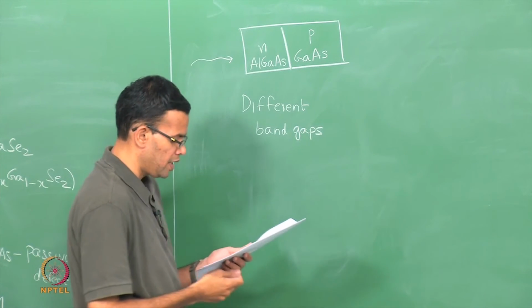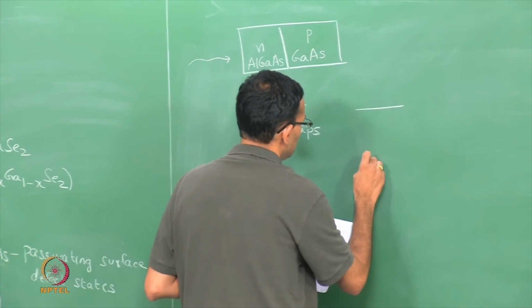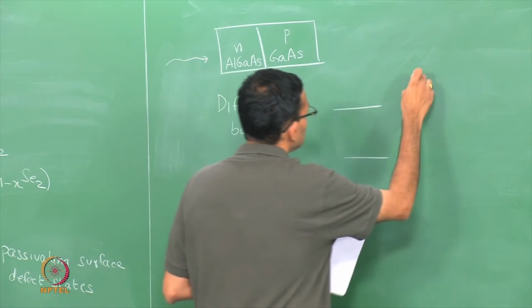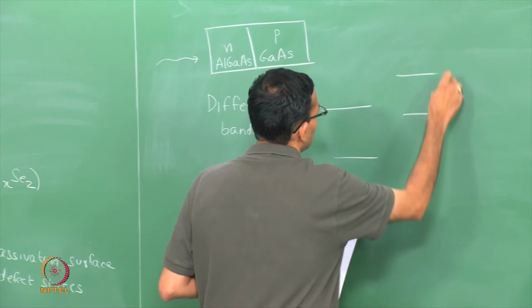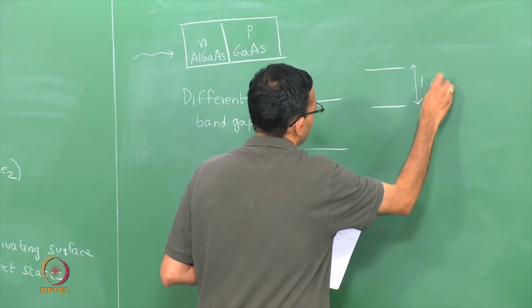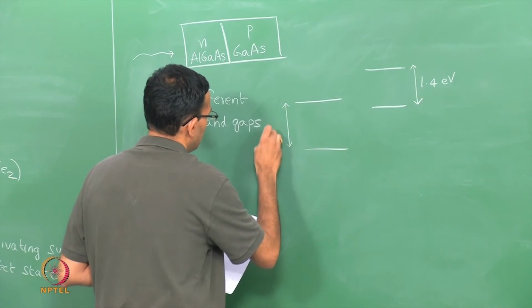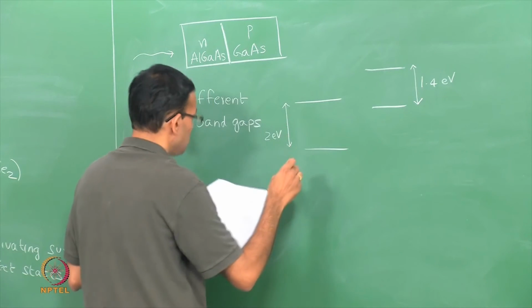So, this again makes carrier separation easy. So, this is your gallium arsenide with a band gap of 1.4 electron volts. This is aluminum gallium arsenide with 2 electron volts.